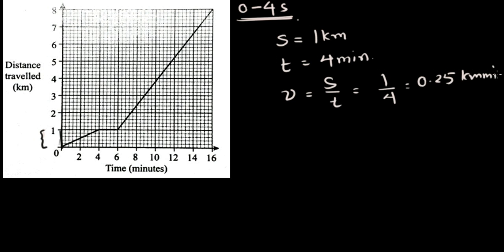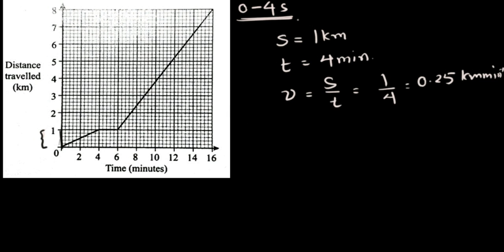So let me just write in the simplest thing possible. My velocity will be distance upon time, this 1 over 4, and that happens to be 0.25 kilometer per minute. Okay, so this is the speed.